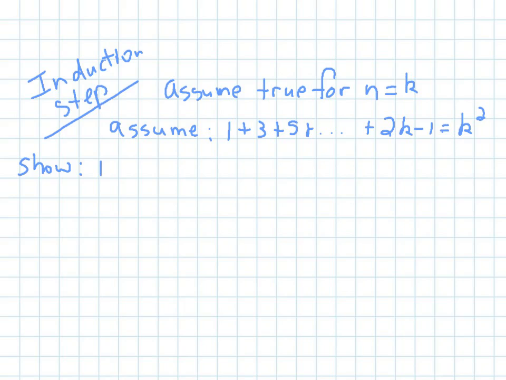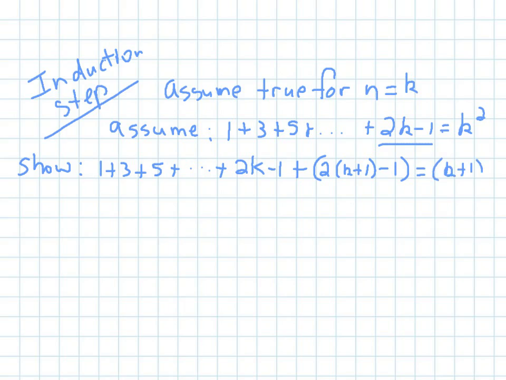So let's write it down. 1 plus 3 plus 5 and 2k minus 1, that's this part right here, plus, and now we'll put in our k plus 1, where we'll have 2 times, instead of k we'll have k plus 1, and then minus 1. And that will equal, instead of k this time, we'll have k plus 1 squared.